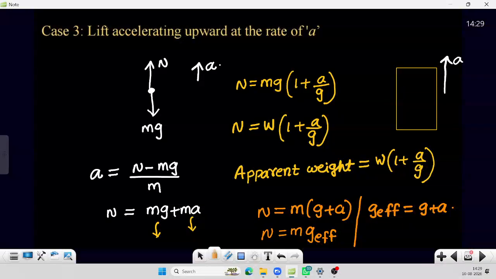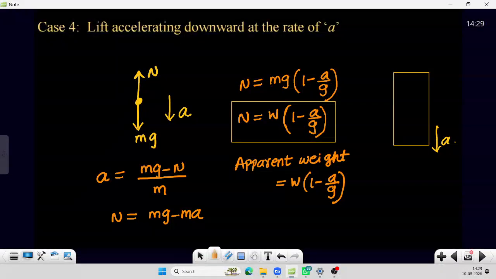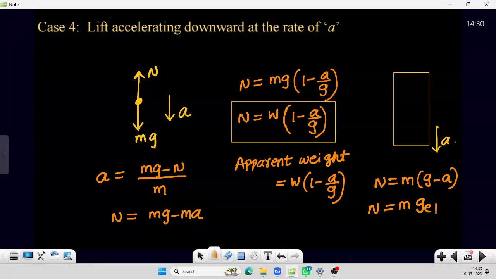Next, in this case, N is equal to m into (g minus a). So in this case, m into g effective, where g effective is equal to g minus a.